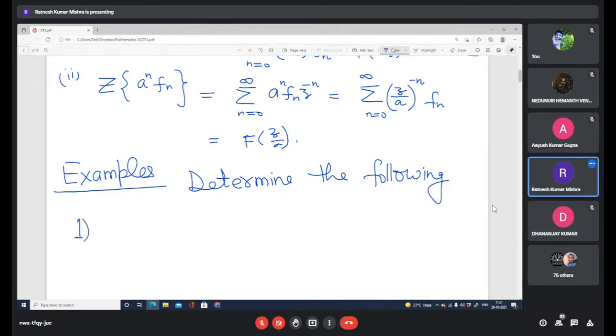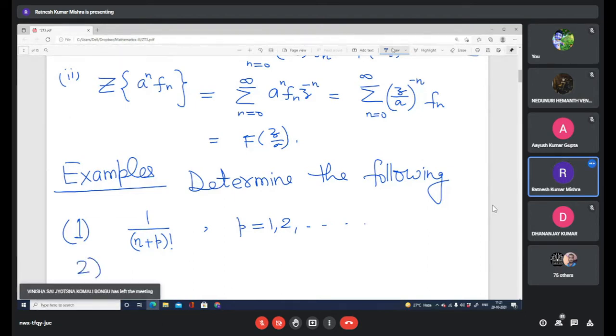Number 1: 1 upon (n plus p) factorial, where p equal to 1, 2, etc. Second one. Okay, let's go one by one. Solution.